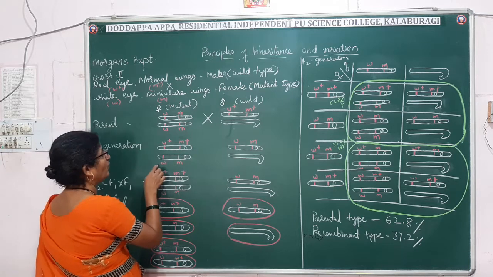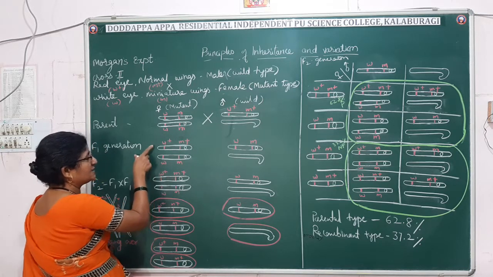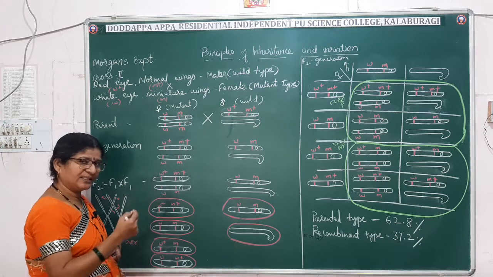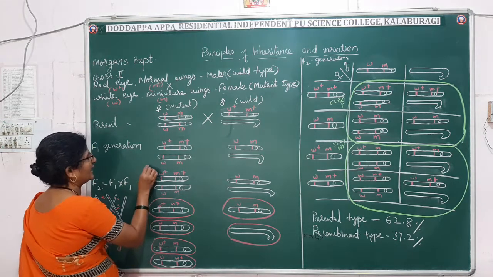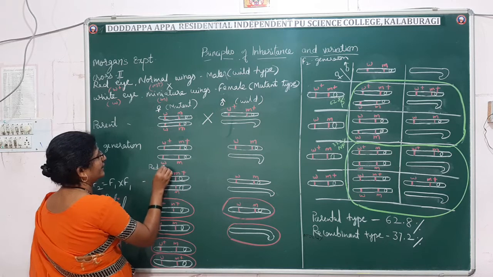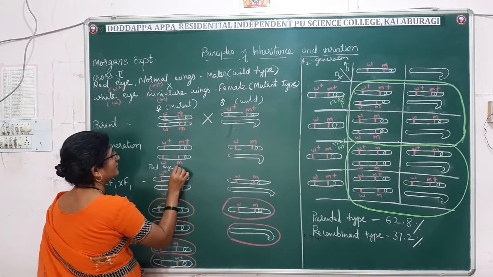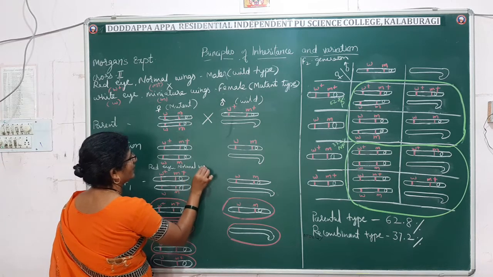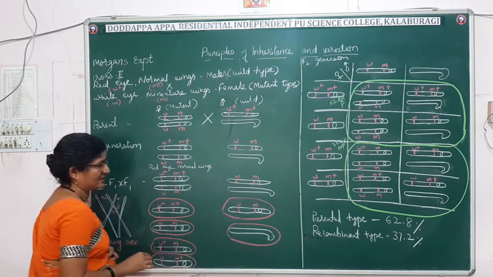What are they? Wild females, because the W+ and M+ were dominant. Wild wings dominant. So they were having red eye with normal wings, red eye with normal wings in F1 generation.